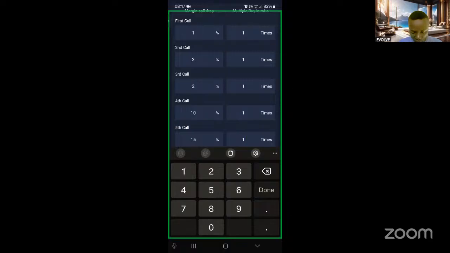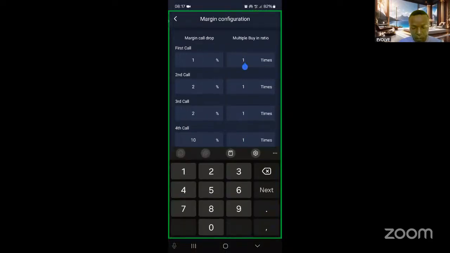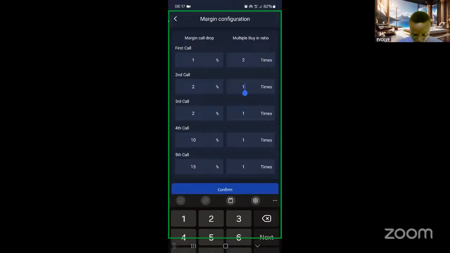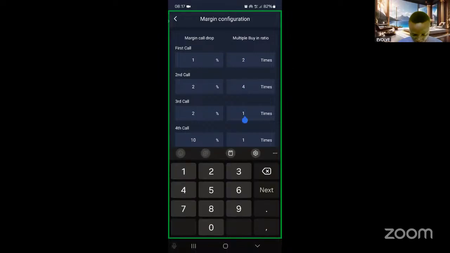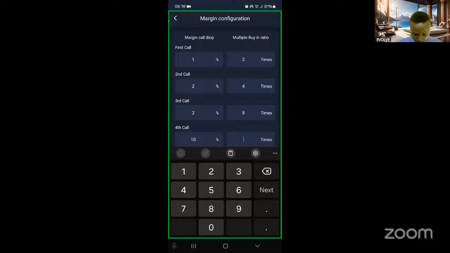For the exponential, it is 2, 4, 8, 16, 32. It goes on like that.